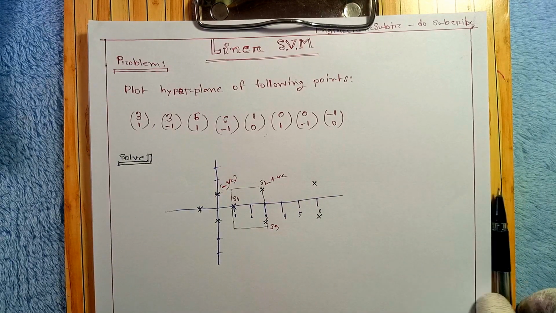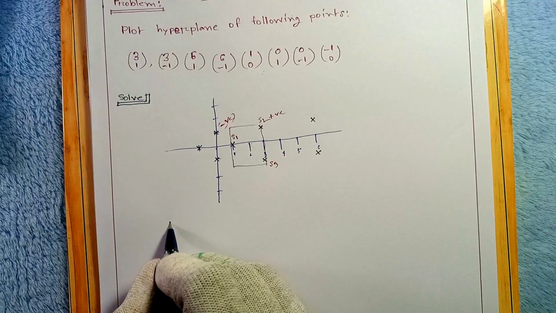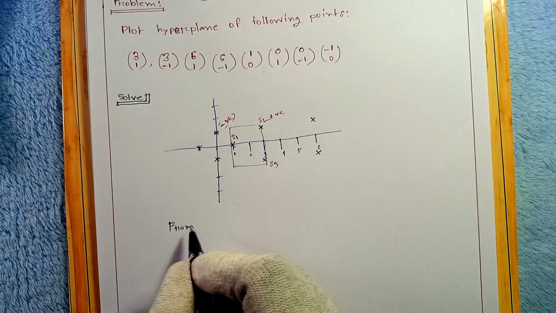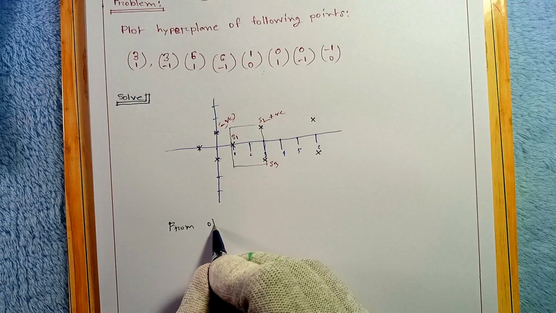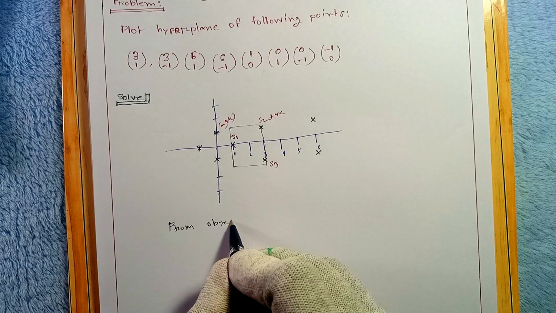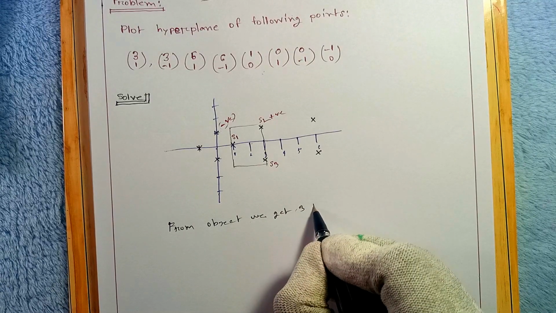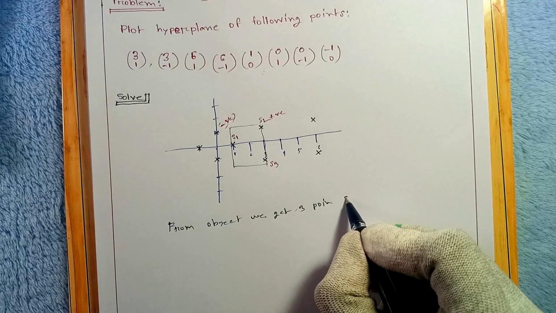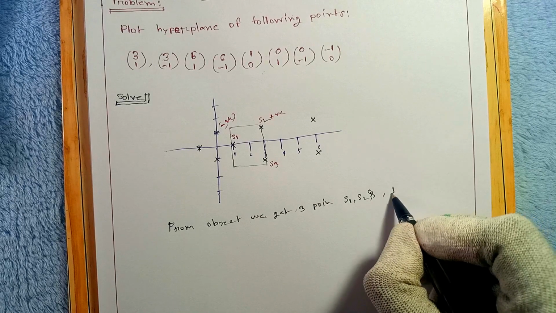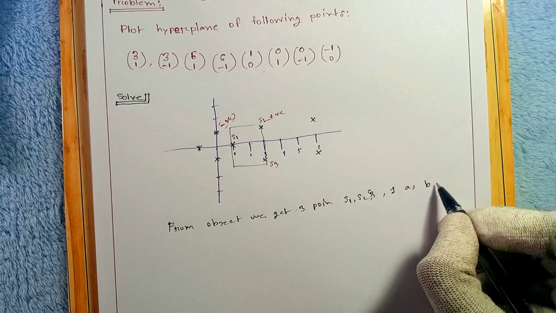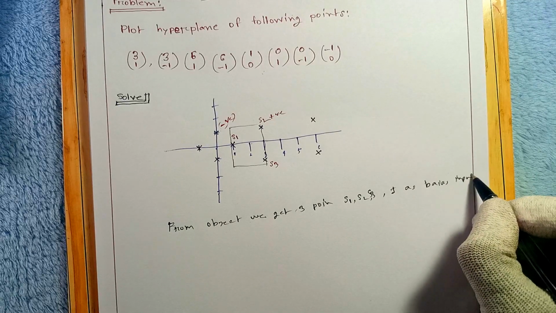So now we have to add a bias to these three points, that is S1, S2 and S3. We add 1 as bias input.